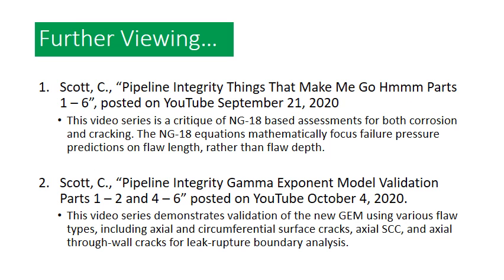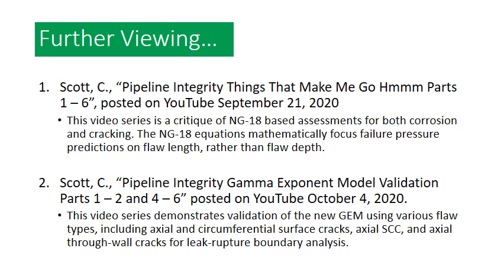If you're interested in further viewing, I'd like to point you towards my earlier series. It's called Pipeline Integrity, Things That Make Me Go Hmm, and that's a 6-part video series. In that case, it's a critique of the NG18 based assessments for both corrosion and cracking. When you look at the NG18 equations, they mathematically focus on flaw length, and they really shouldn't be doing that.